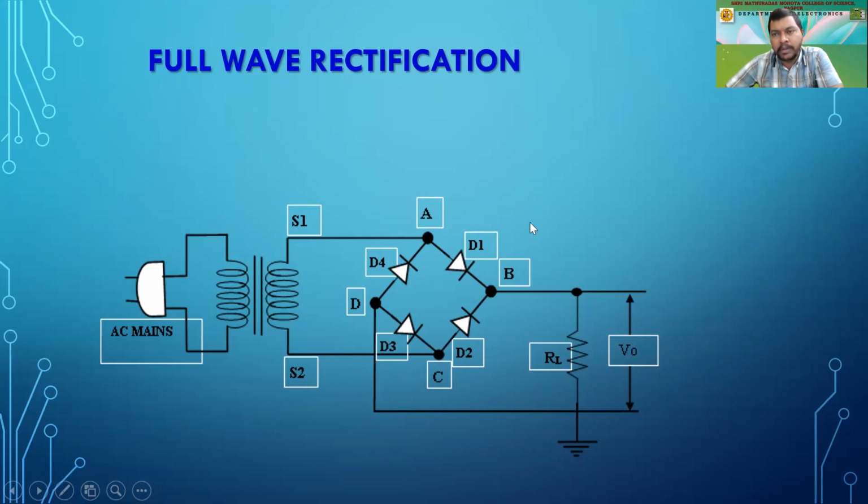While remembering this circuit, you should know that at one node the cathodes are made common, and at the opposite node the anodes are common, whereas at nodes A and C we have both anode and cathode.